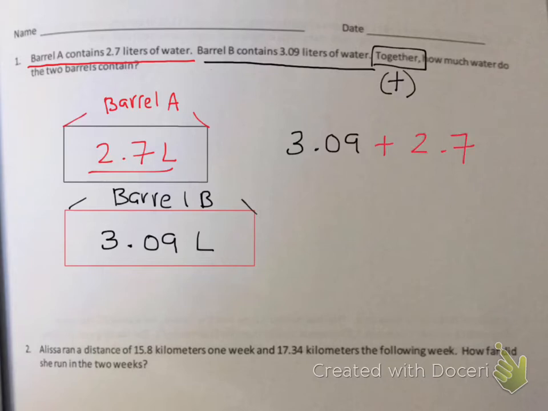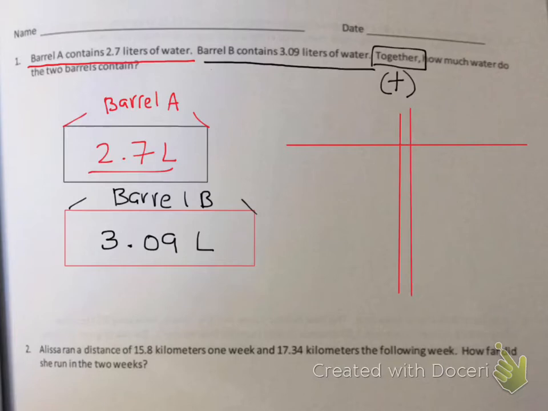these two together, okay? So what we're going to do is we're going to line these up in our place value charts, okay? We're going to line this up the best we can using place value to model what it looks like on the place value chart to add, okay? That's going to be my little decimal point here when I'm adding.